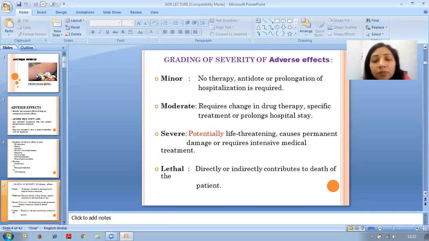They may require specific treatment or prolong the hospital stay. Sometimes the adverse effects may be severe, potentially threatening life, causing permanent damage, or requiring intensive medical treatment. The adverse effect can be lethal when it causes the death of the patient.